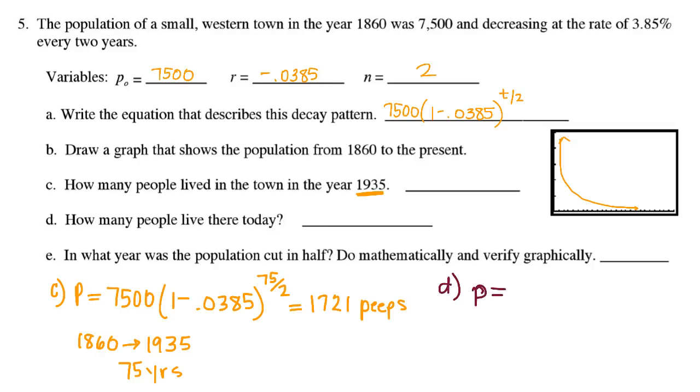Our new population is going to be 7,500 times 1 minus 0.0385 raised to the 158 over 2. And so the new population for today, if you type all that in, you're going to get about 337 people.